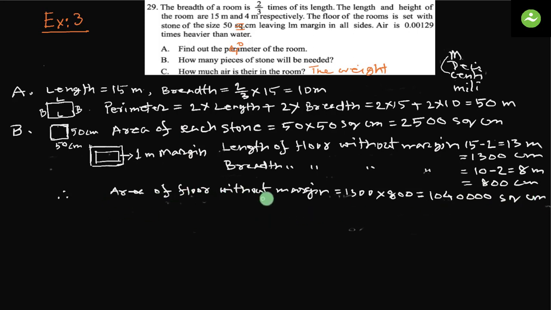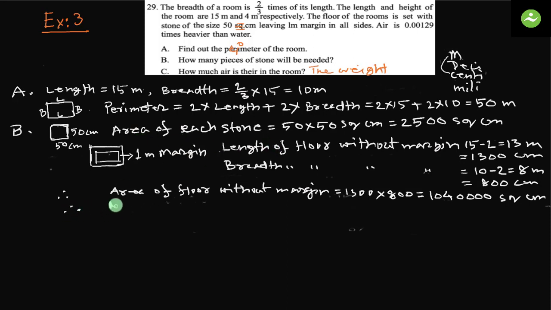Now the area of floor without margin is this, and the area of each stone is 2500 square centimeter. How can we find the number of stones needed? Just divide the area of the floor by the area of a stone.